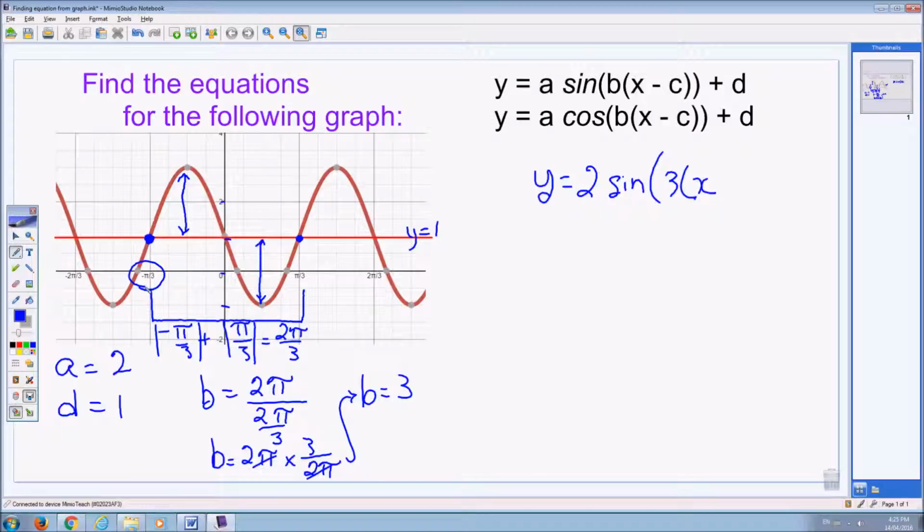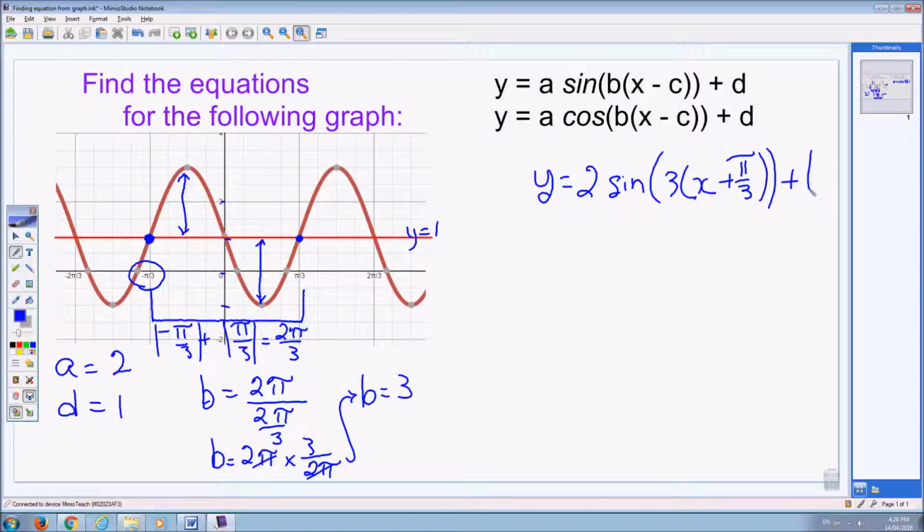That means in my equation that +pi/3 goes into my equation, and then picking up on my sinusoidal axis, +1. There we are. We have our sine equation.